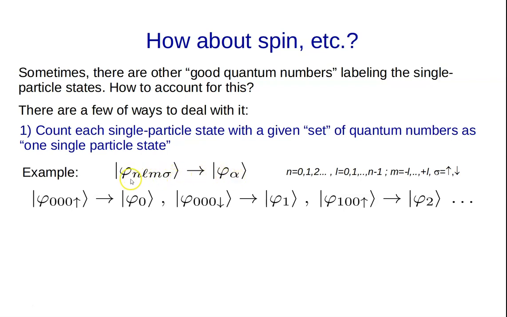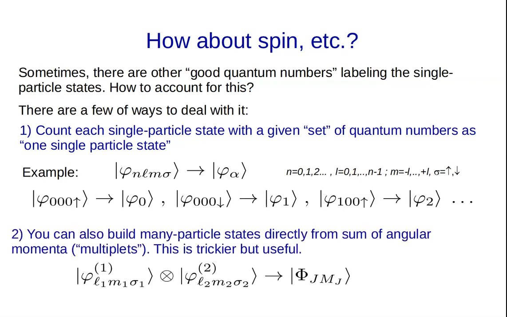Each combination of these numbers will give you one index alpha and only one. So 0, 0, 0 up is one alpha, 0, 0, 0 down is another alpha, then 1, 0, and you keep labeling your states, and then you use these to construct your many-particle basis. That's, I think, a nice and consistent way to do it.